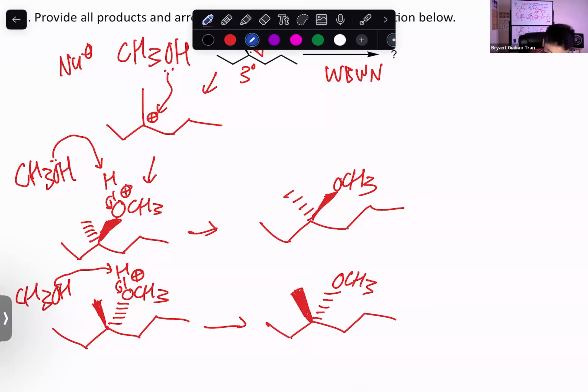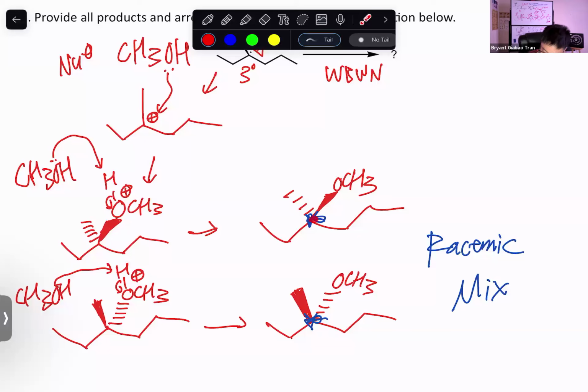Because we have a chiral center here and a chiral center here, and they're enantiomers of each other, and that's a 50-50, 1-to-1 ratio of enantiomers. This is now a racemic mix. The example that I gave you earlier was not a racemic mix because there were no chiral centers. But in this case, this is a chiral center. So this will give you a racemic mix.